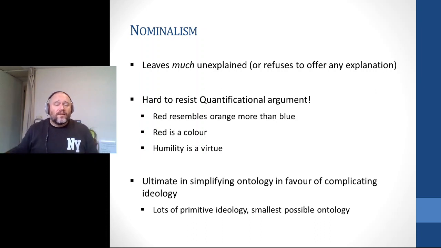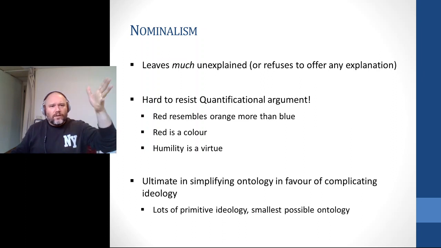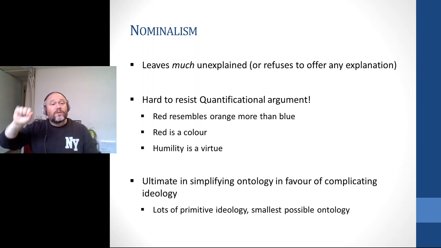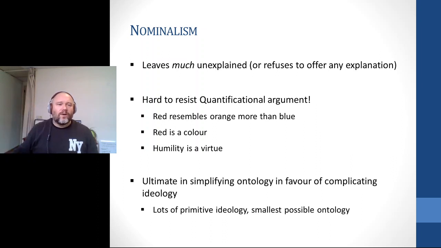Someone like the Aristotelian realist about universals says, hey, let's go lots of things, and actually a slightly complicated ideology too, because we'll need at least two categories, but we get relatively good ideology because we can explain away resemblance facts and what it means to satisfy predicates and things like this.